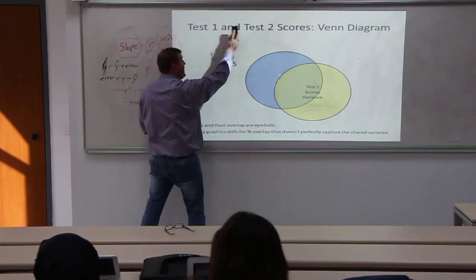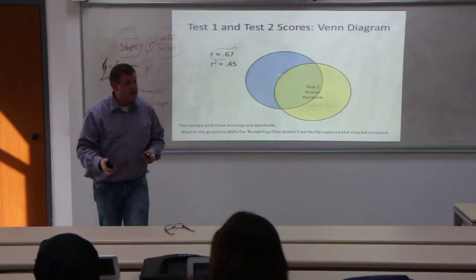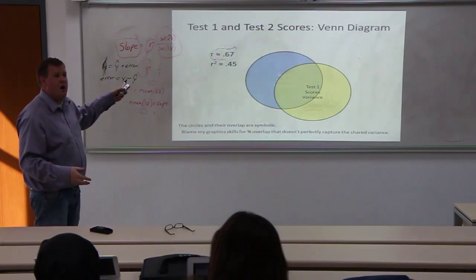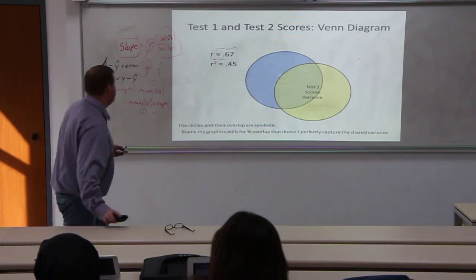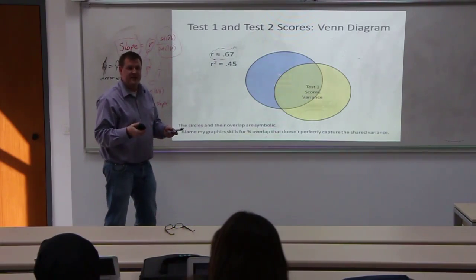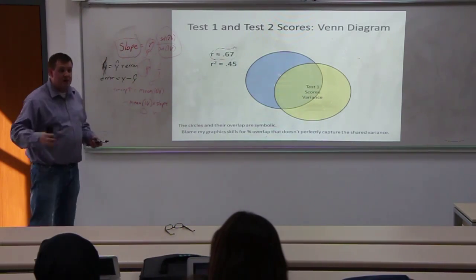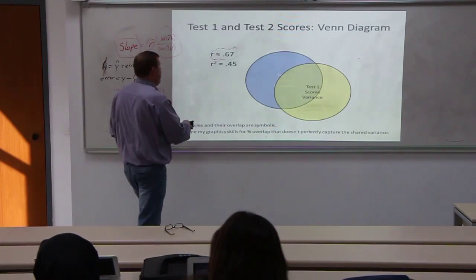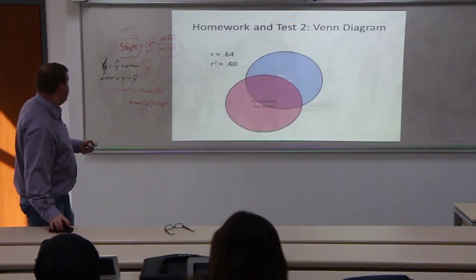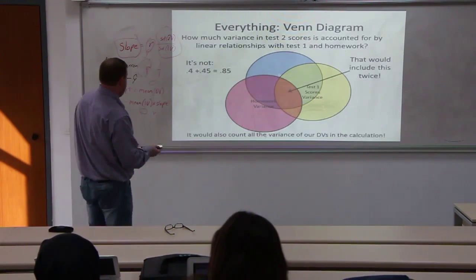The correlation between test 1 and test 2. What we just did was found the correlation between the unique variations in test 1 and test 2, right? So if this is the total correlation between test 1 and test 2, after we've accounted for some of those variations in test 1 with something else, we should have something that's smaller. And we did. All right.